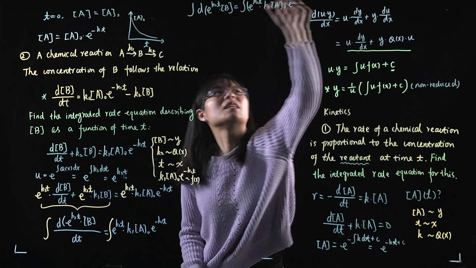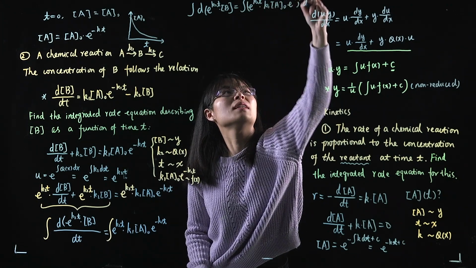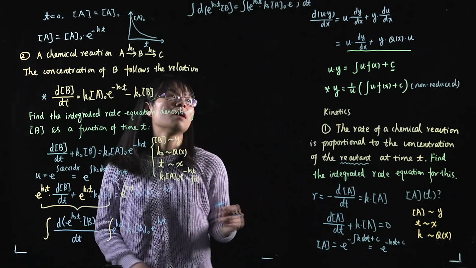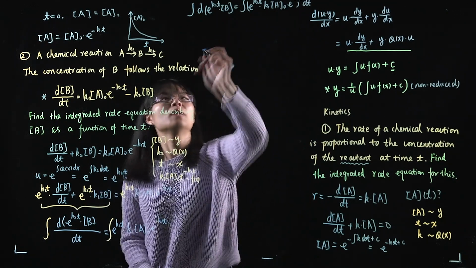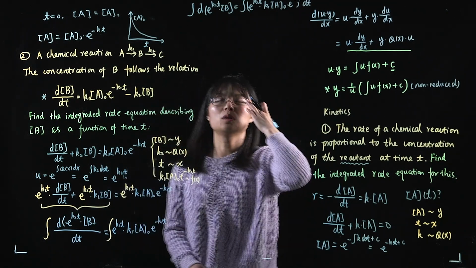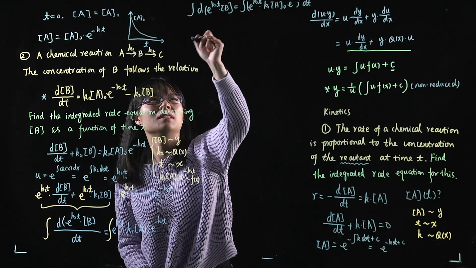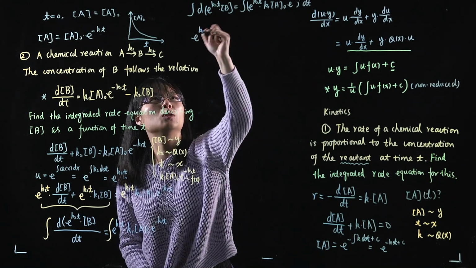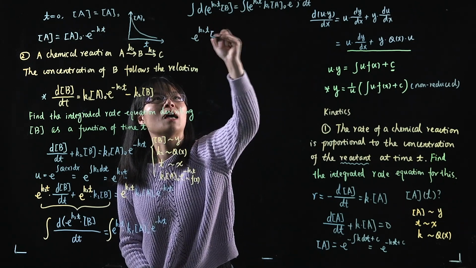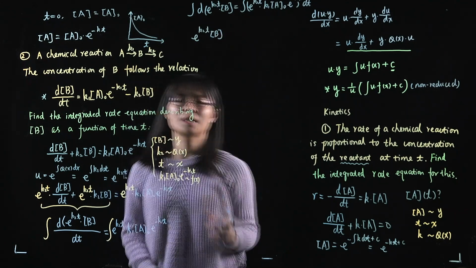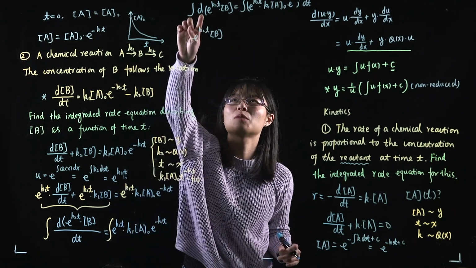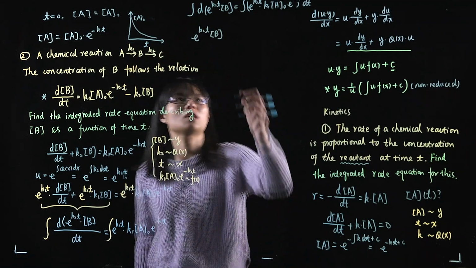The whole term is going to be integrated with respect to variable t. So if we do the integral, we get e to the k2t times b on the left-hand side of the equation. Notice that the differential and the integral cancel with each other.